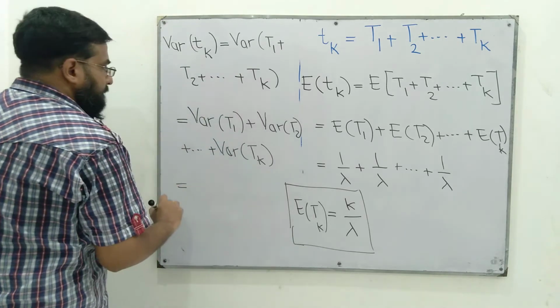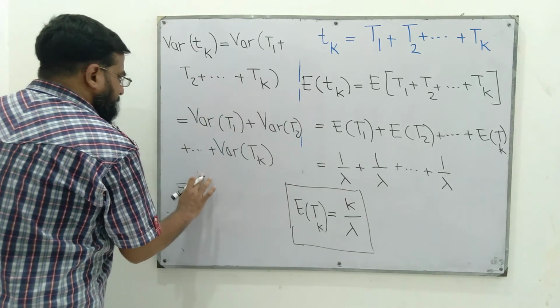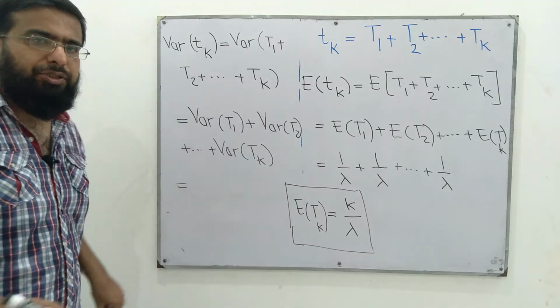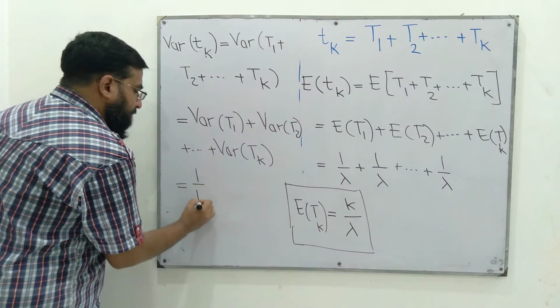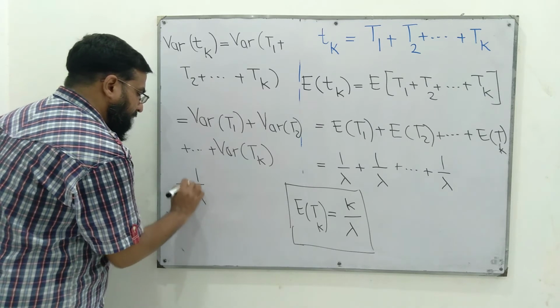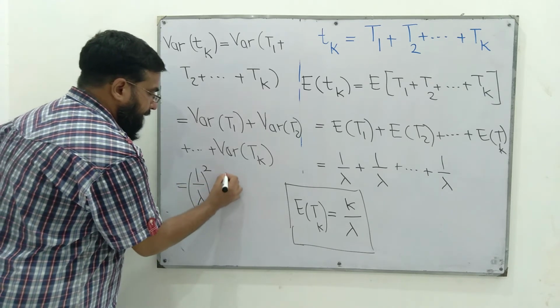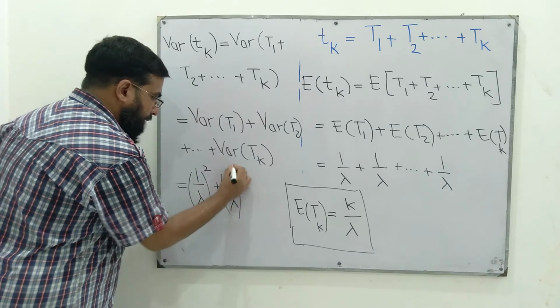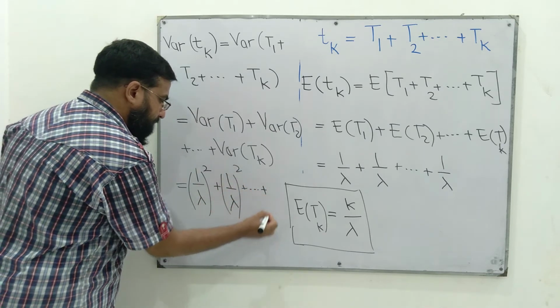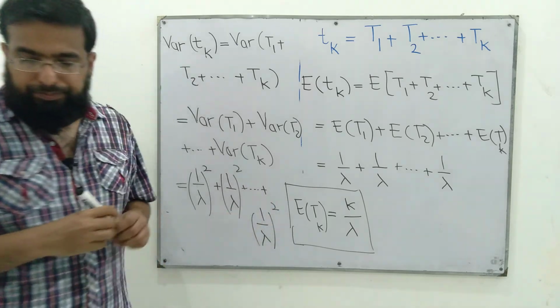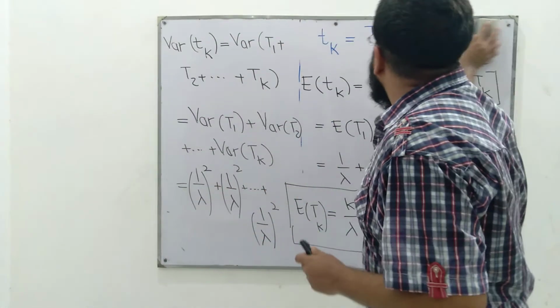Each of these variables is exponential, and we know that for an exponential variable with parameter lambda, the variance is 1 over lambda squared. So 1 over lambda squared plus 1 over lambda squared, and so on.